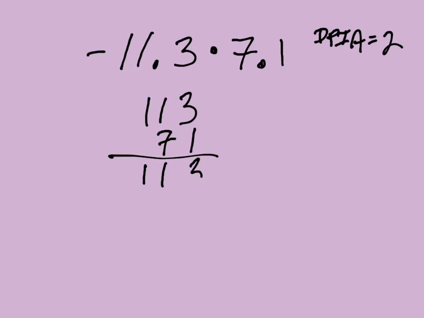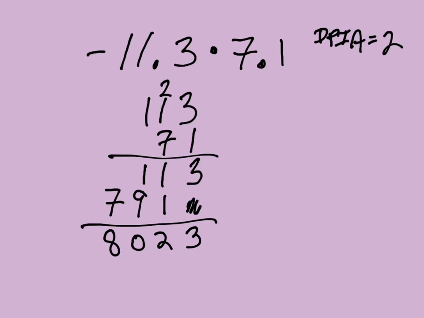So here our DPIA is 2, because we've got 1 in the first one and 1 in the second one. We just do 113 times 71, and that's 113, placeholder, then 7 times 3 is 21, 7 times 1 is 7, and then we get 8023.